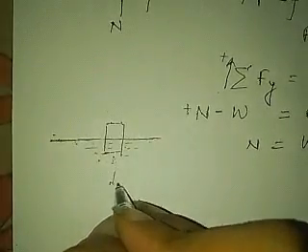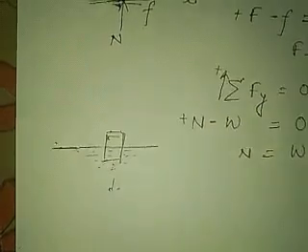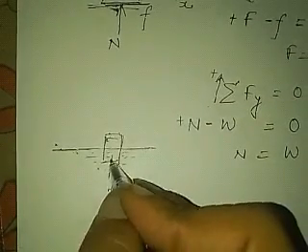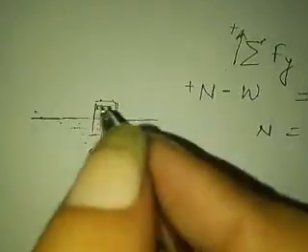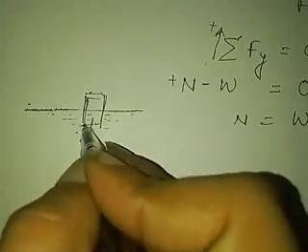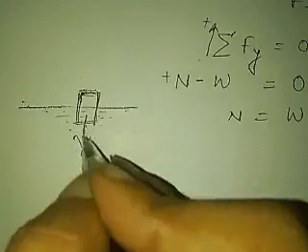Object keeps on sinking due to its own weight. So what happens there? There is a net force which is not balanced out, makes this object follow the direction of gravity.